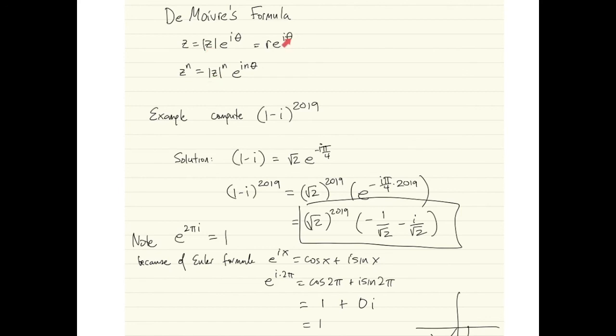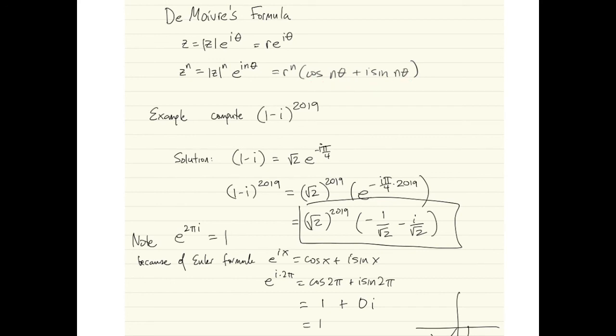And when you raise e to the i theta to the nth power, you get e to the i n theta. Sometimes the way this is written is r to the n cosine n theta, because e to the i times n theta is, by Euler's formula, cosine n theta plus i sine n theta. So de Moivre's formula is generally this line here. z to the n is r to the n times cosine n theta plus i sine n theta.